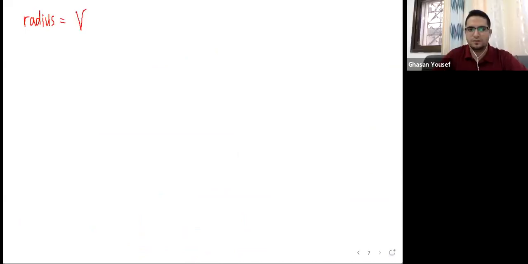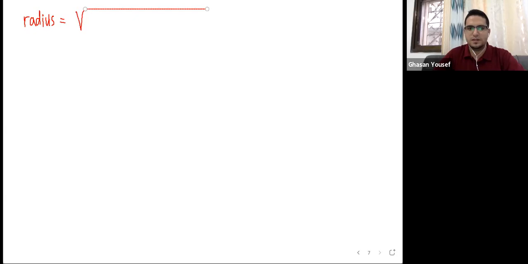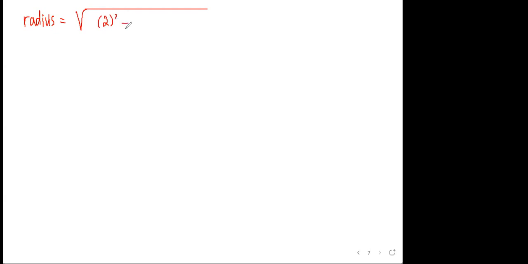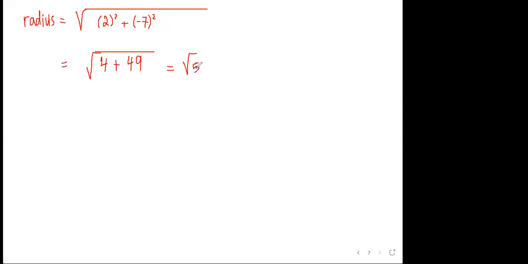So the radius equals the square root of 2 squared plus minus 7 squared, and this is equal to 4 plus 49, which is the square root of 53. 53 exactly.